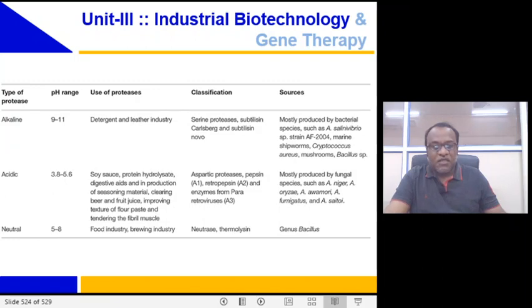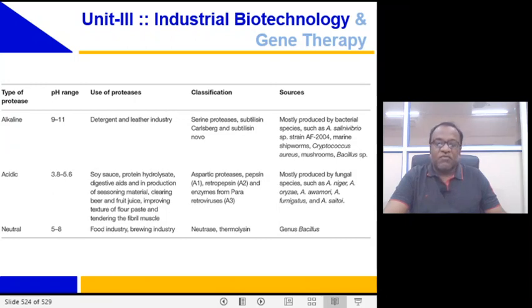So these are some of the important types of proteases, their pH range, where they find applications, their classifications, and the probable preferred sources of these proteases.